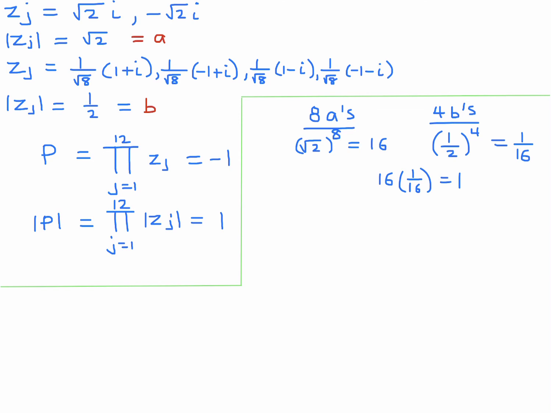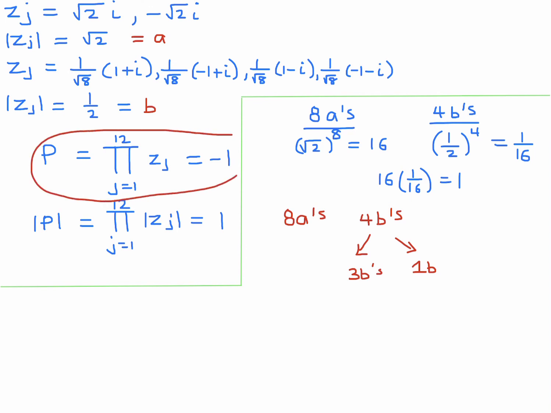So that means we have to choose 8 A's and 4 B's. But the tricky part about this question is that the 4 B's have to be split up. 3 B's are fine the way they are, but 1 B has to be chosen in a special way. It has to be chosen so that this product is negative.